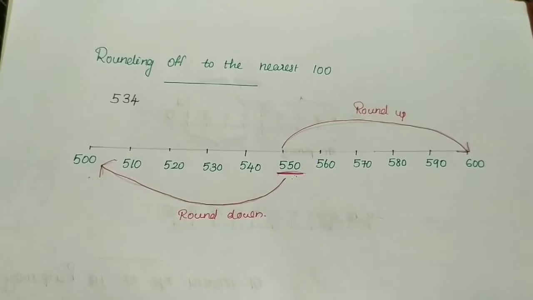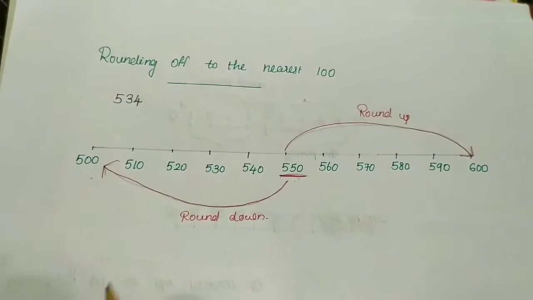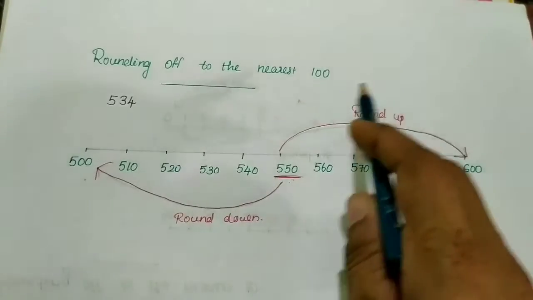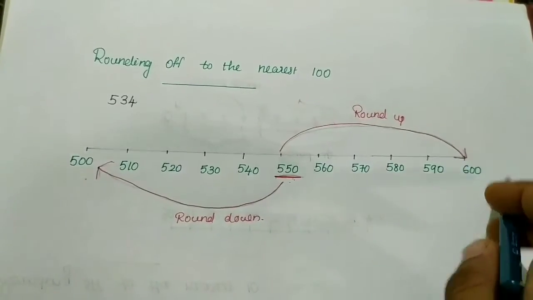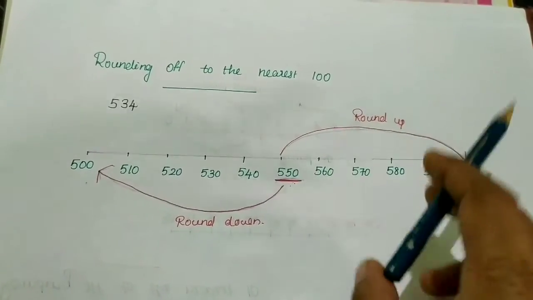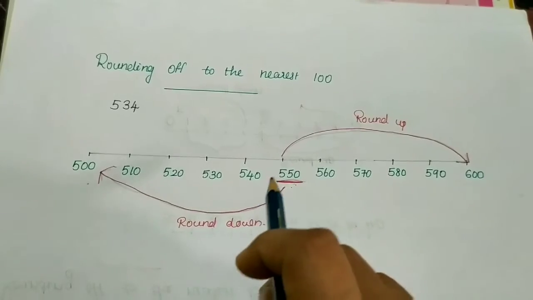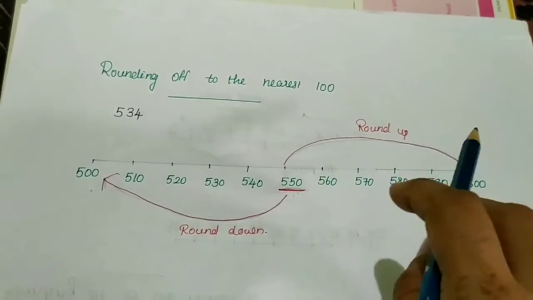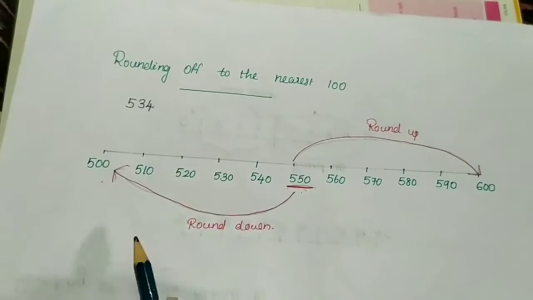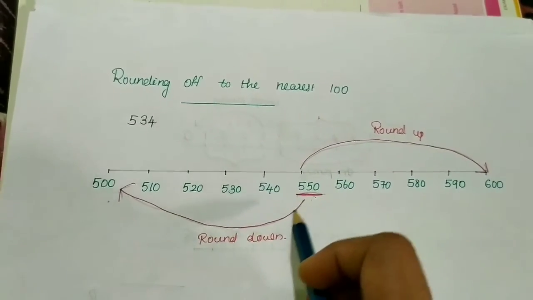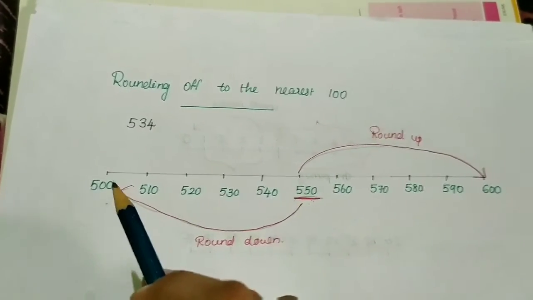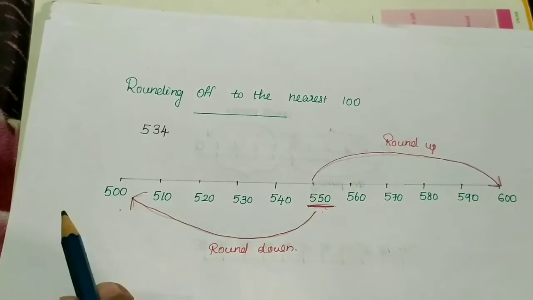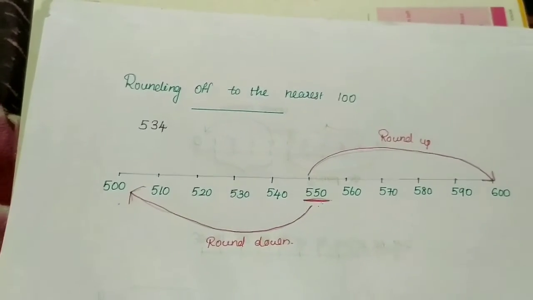The number 550 and the numbers above 550 can be rounded up. Then, the numbers below 550 can be rounded down.